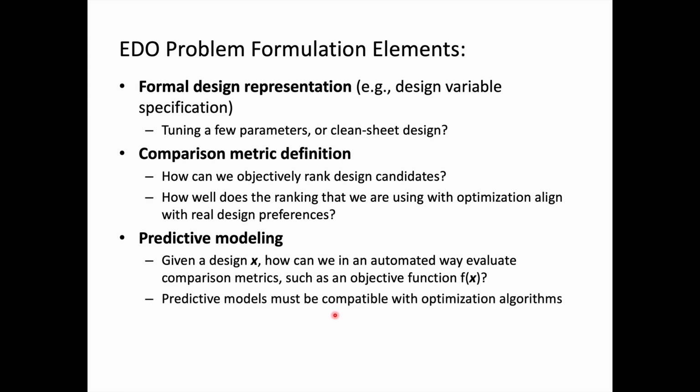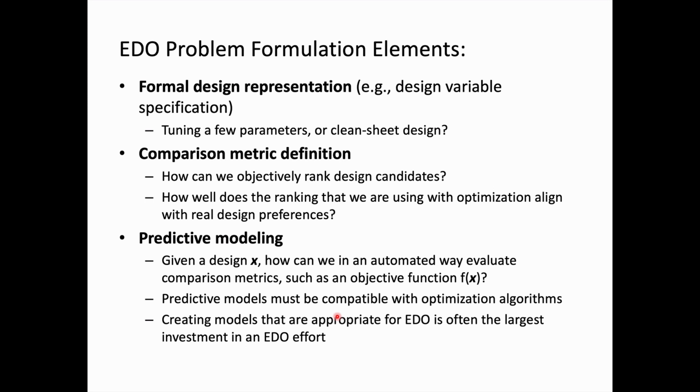And these predictive models must be compatible with the optimization algorithms. And a really important point to make here is that the effort required to construct predictive models that are effective for use with design optimization can be a really significant effort. This is often one of the biggest bottlenecks.